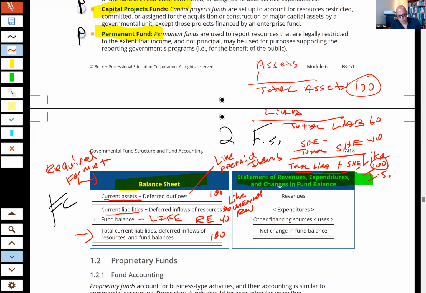That is the required format. Flashcard that. Okay, now for the income statement, I want you to flashcard this format. It's revenues minus expenditures. Those expenditures are including amounts that they spent for purchase of equipment. And then we have these other financing sources, other financing uses.